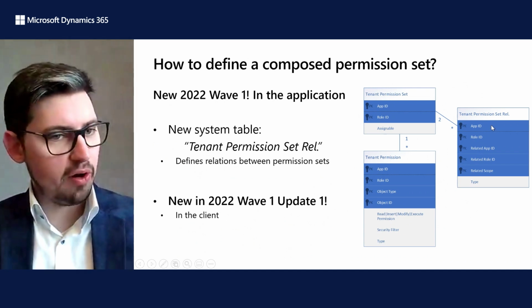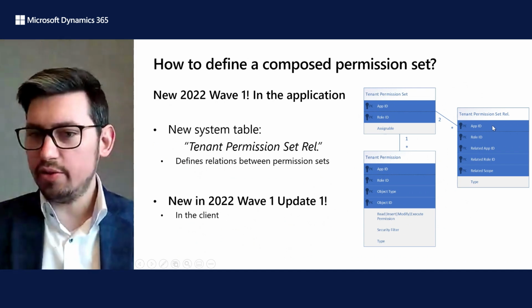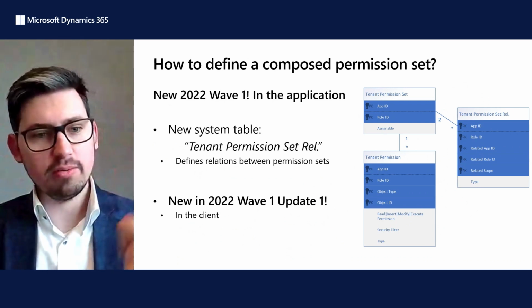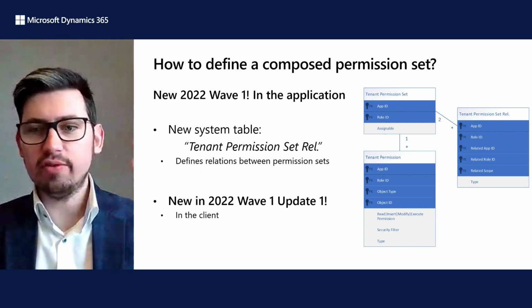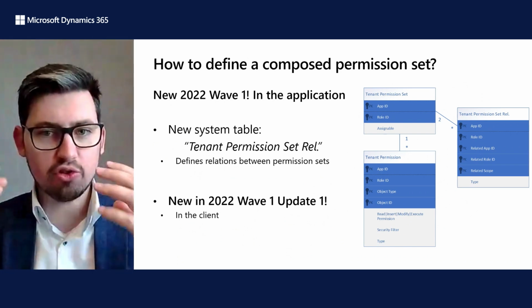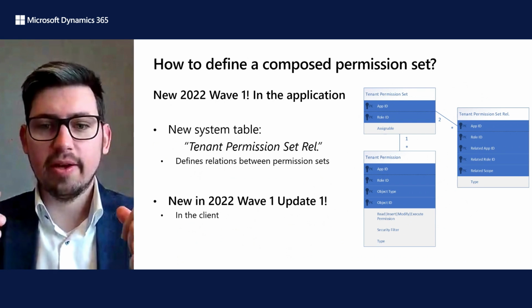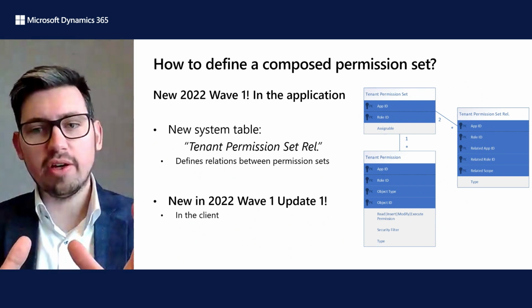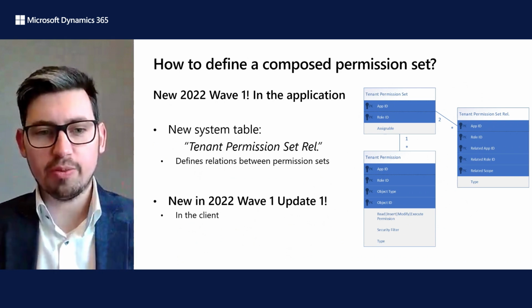You have from a permission set toward another permission set. And when you create a relation, the platform uses this information to build the tree as shown a bit before. Then this tree ends up all composed together and you get a composed permission set.